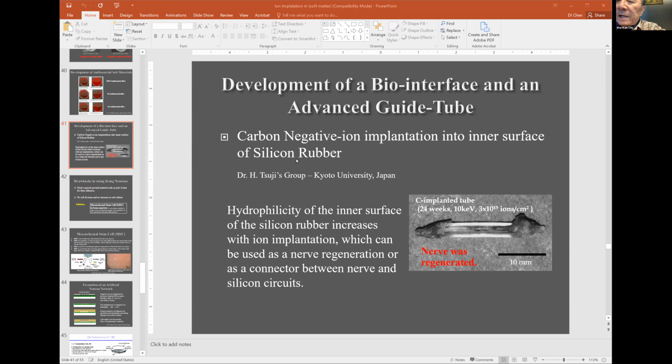spinal cord. For example, during a traffic accident, quite frequently the victim breaks his spine, and once the spine is broken, then the nerve is broken. Therefore, the locomotion of the lower part is missing, and they have to be in a wheelchair.